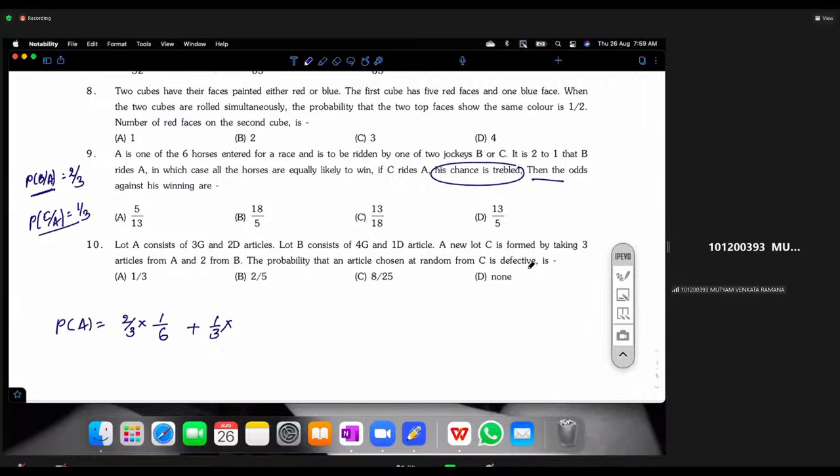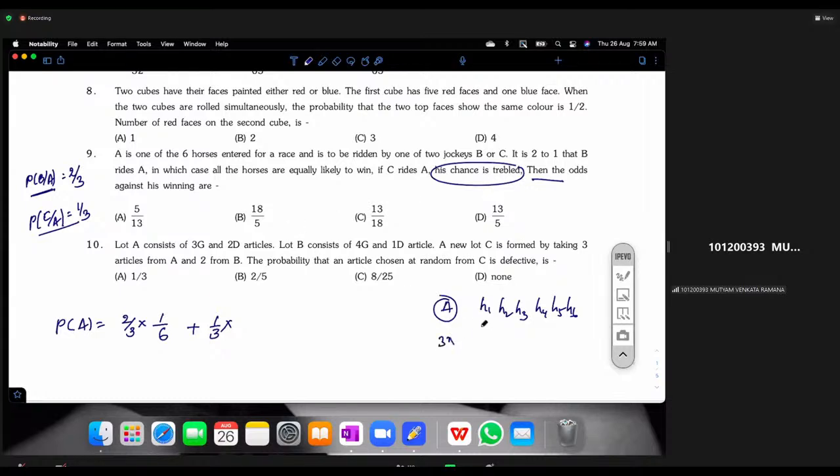So making it 3 times more successful. Here there are H1, H2, H3, H4, H5, H6, and A winning is 3 times.